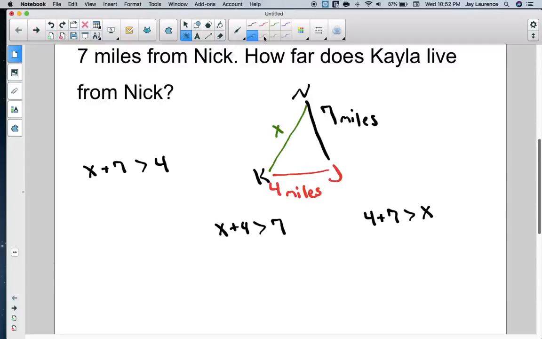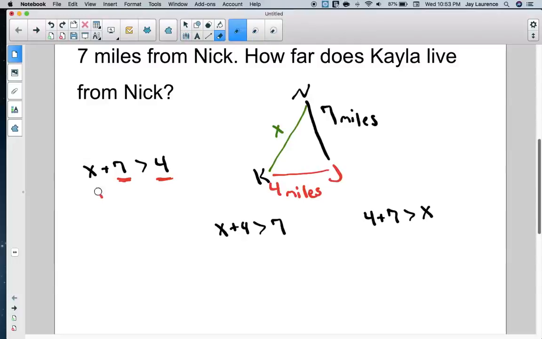The one that's not useful is this first one, because 7 is automatically larger than 4, regardless of what x is. Now, I don't know if you realize this, but x can't be 0 because you can't have the length of a triangle be 0. You can't have the length of any polygon be 0. And x cannot be a negative number. Even if you solve this, oops, I'm sorry, what am I doing there?